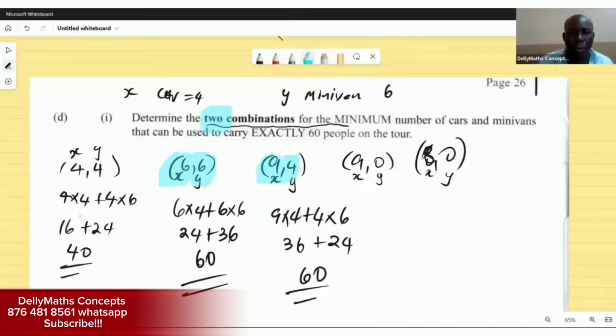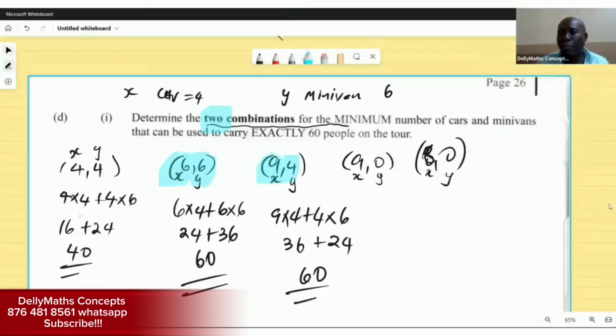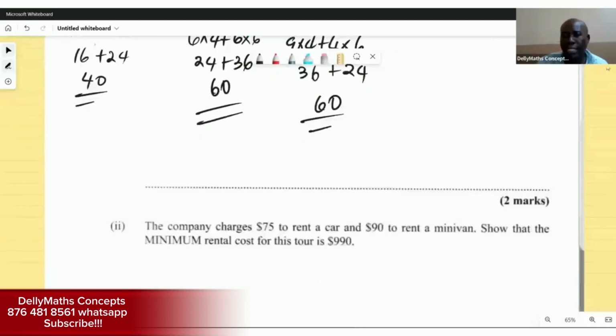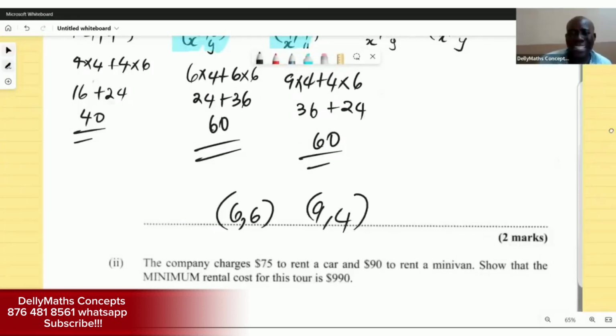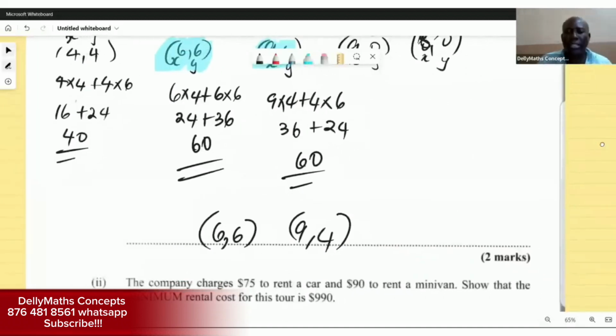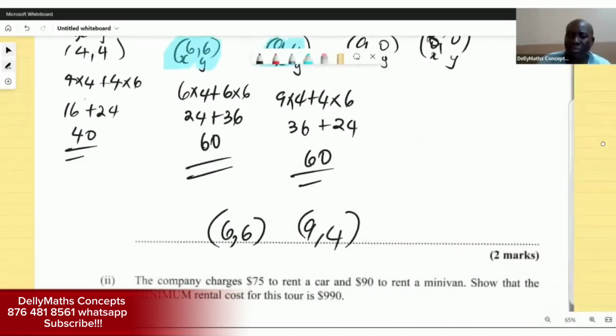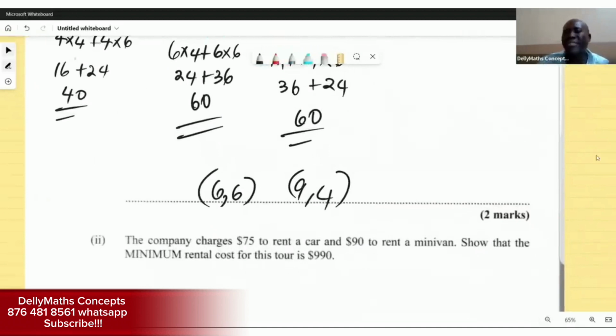They said two combinations, and I have found two. So I don't need to look at anything else. My combinations are (6, 6) and (9, 4): 6 cars and 6 minivans, or 9 cars and 4 minivans, which give exactly 60 people.